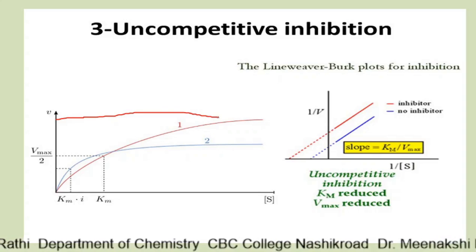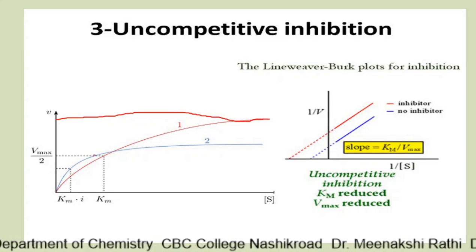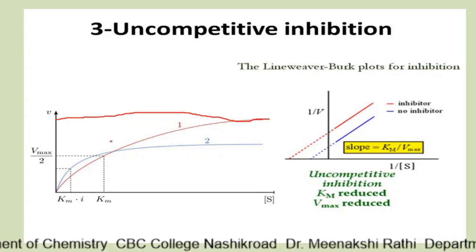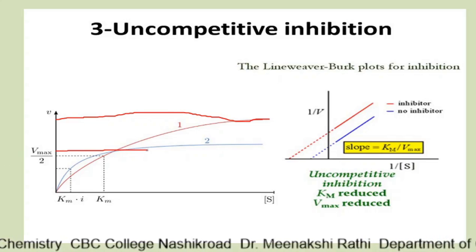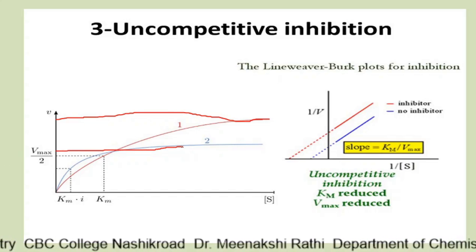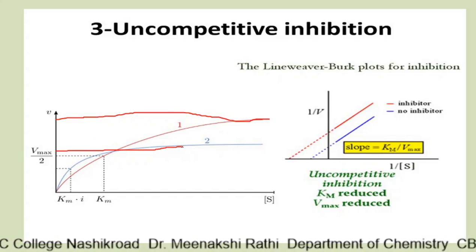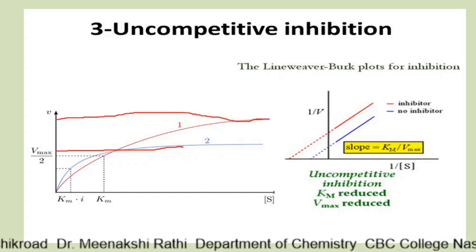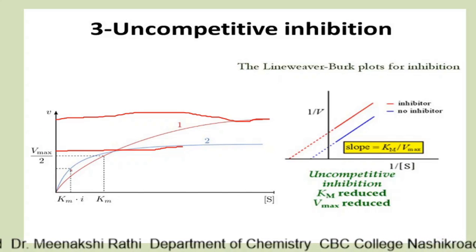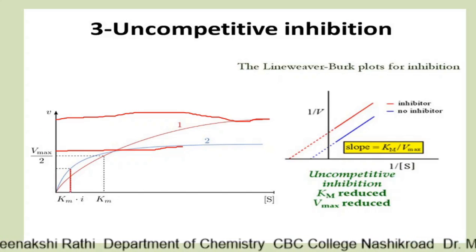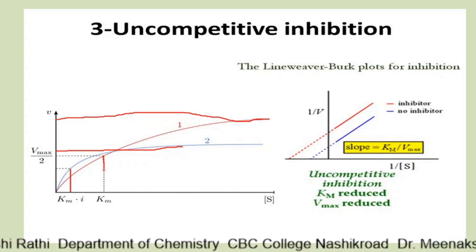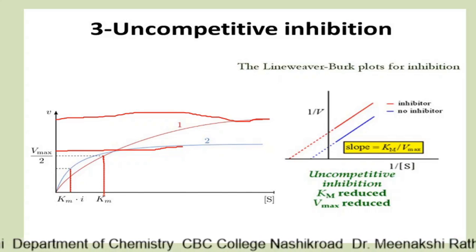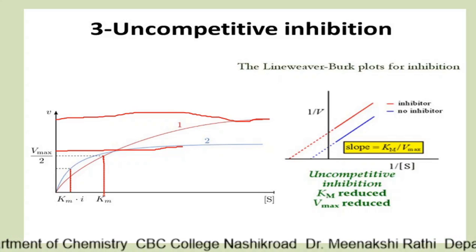This is the Vmax maximum value for inhibitor and this is the maximum value for the other. In both the cases, maximum velocity is changed, and as Vmax is changed, the Km value also changes. This is the Km value for the substrate and this is the Km value for the inhibitor. So both the values are changed.